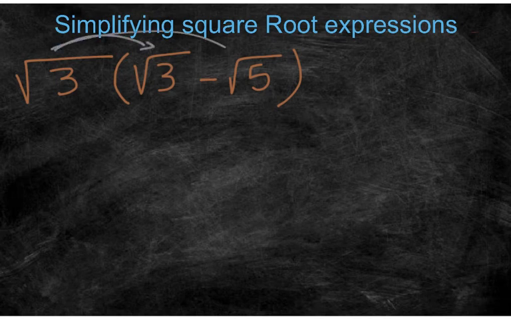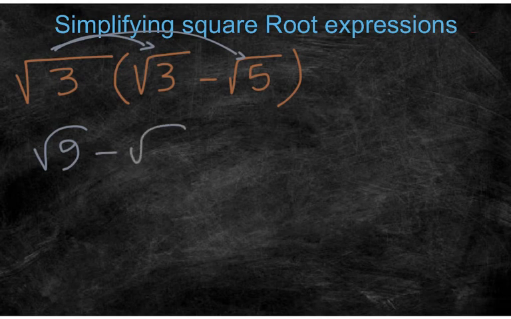Square root 3 by square root 3, then square root 3 by square root 5. Square root 3 by square root 3 is square root 9, minus square root 3 by square root 5, which is square root 15. We multiply the numbers inside the square roots and put them inside one square root, so it will be square root 15.